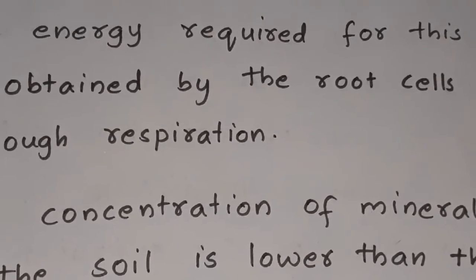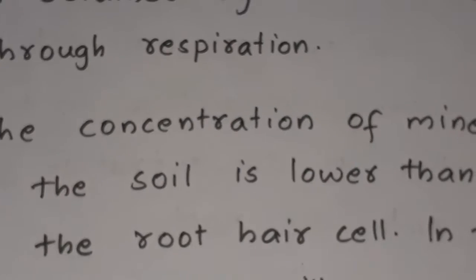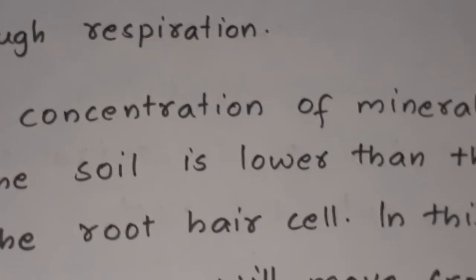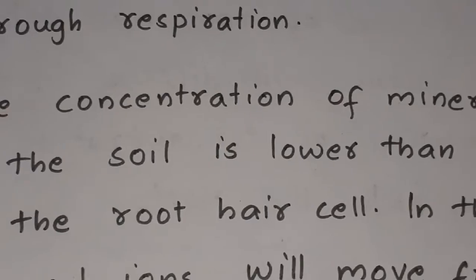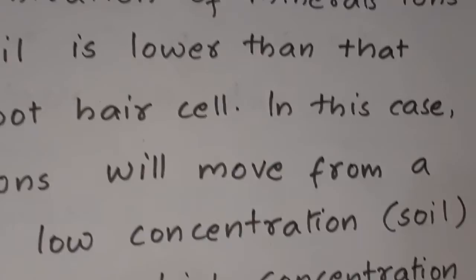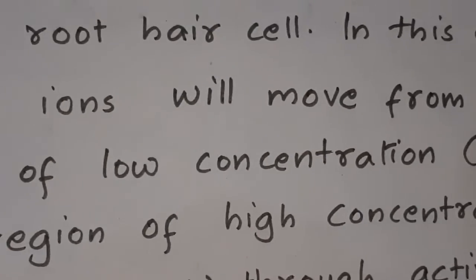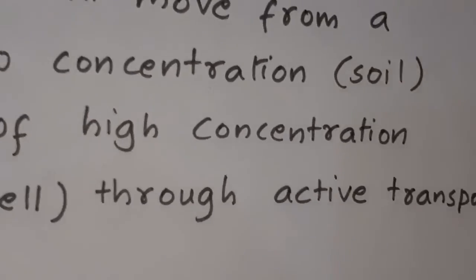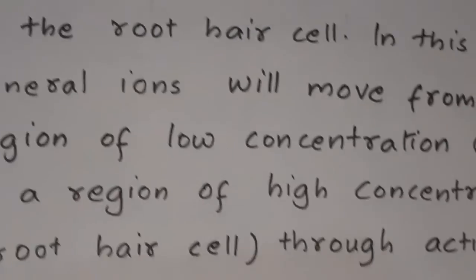Then, the concentration of mineral ions in the soil is lower than that of the root hair cell. In this case, mineral ions will move from a region of low concentration, that means from soil, to a region of higher concentration, that is root hair cells, through this active transport by utilizing the energy produced by the respiration process. Okay.